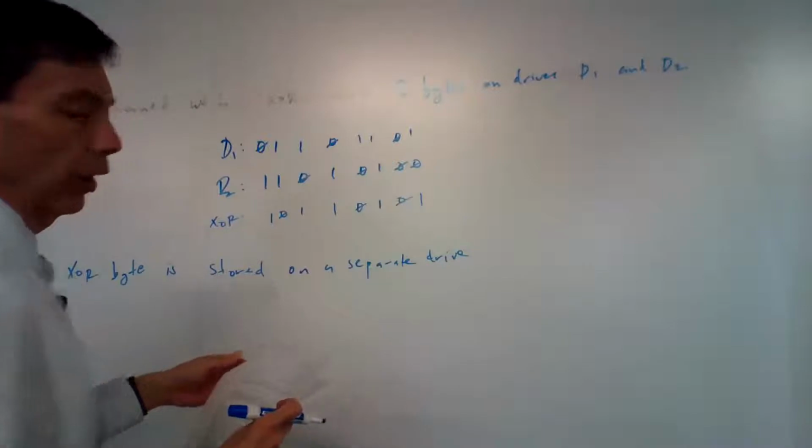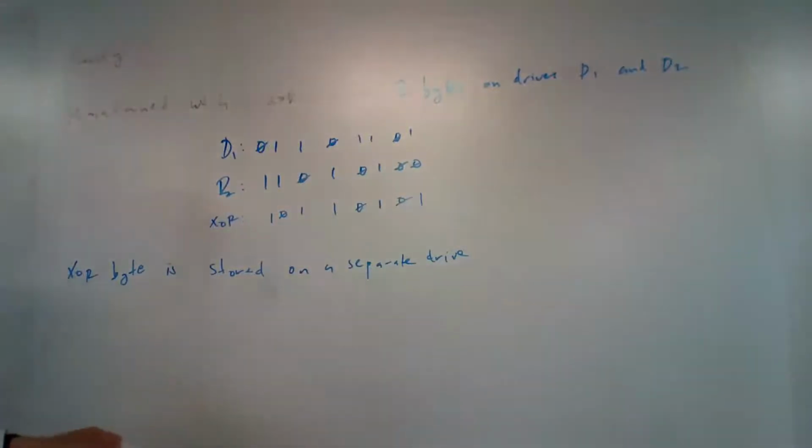I'm pretty sure this is right, but I'll check. Well, even in the example here, it's not consistent, because in D1 and D2 in the first bit, it's 0, 1 is 1, and then, oh yeah, I'm off by 1 here. There's another one that also is 1 and 0 is now 0.